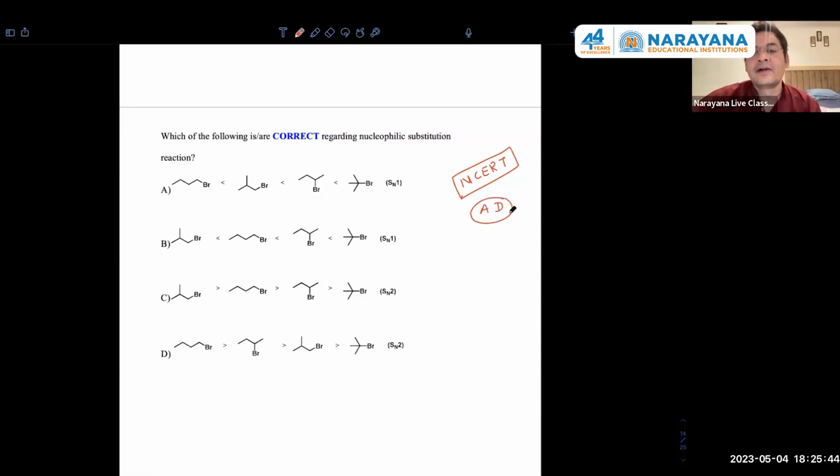I think you have read this question somewhere in Haloalkanes, 12th NCERT. So you got this question, but the answer is wrong. B and C. Dekho, this is NCERT, but your answer is wrong. B and C.